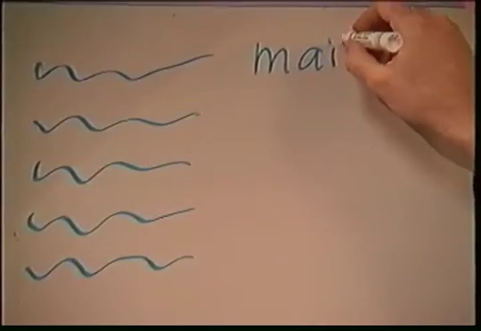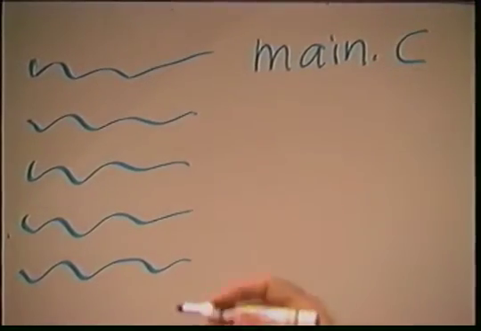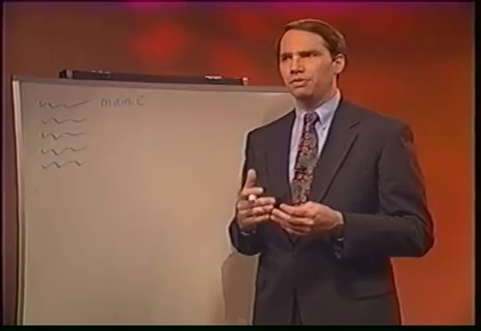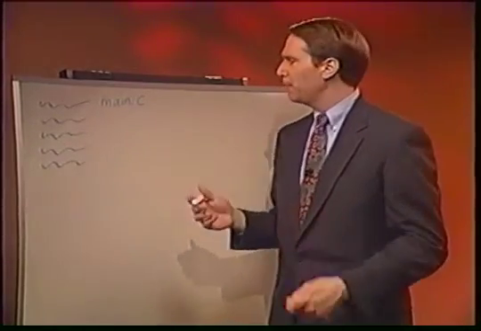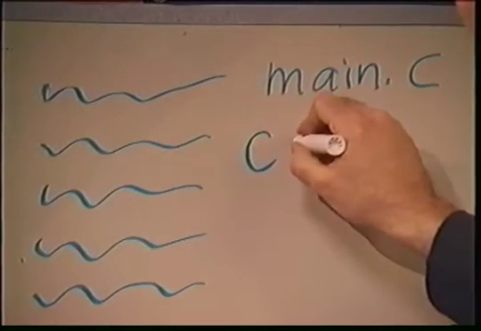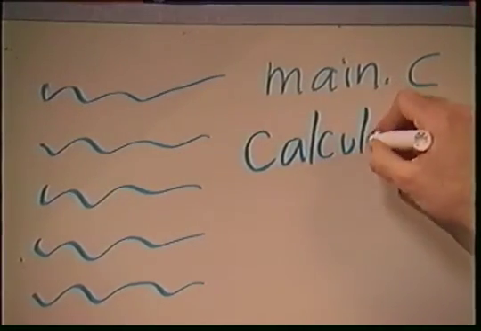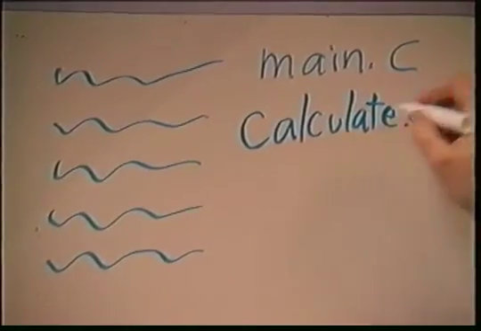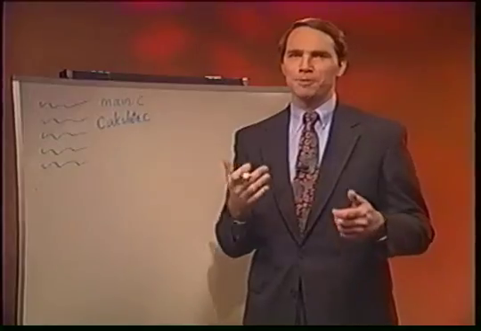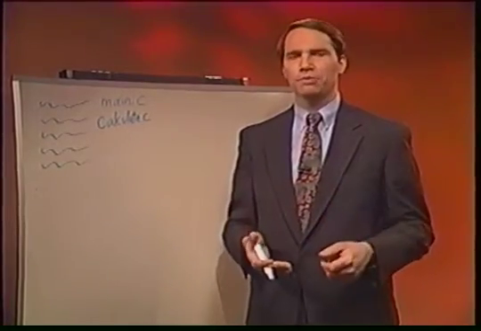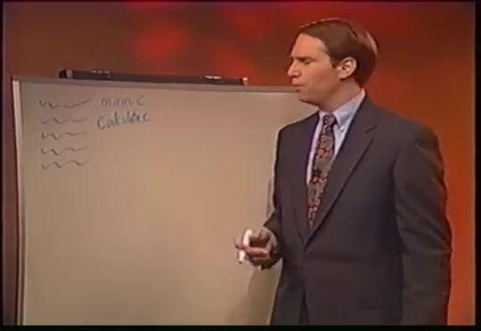You might have a main.c to do the basic application startup, as well as perhaps the reading of the data from a file. You might have a second procedure called calculate.c. And this is going to take those numbers and it's going to recalculate them, perhaps based on some algorithms that you've got stored within that program.